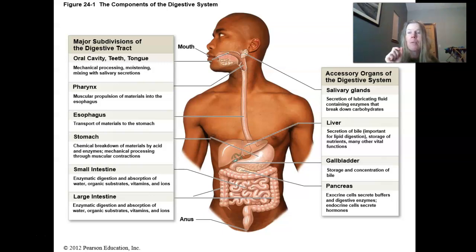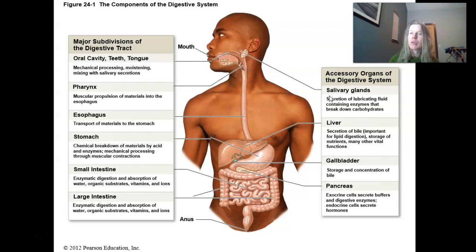Now, we have some accessory organs. They're not technically this tube, but they're going to be super important in digestion. And so you see them listed here. Actually, the teeth and the tongue should be over here with accessory organs. They're in the oral cavity, but I would definitely consider those accessory organs.